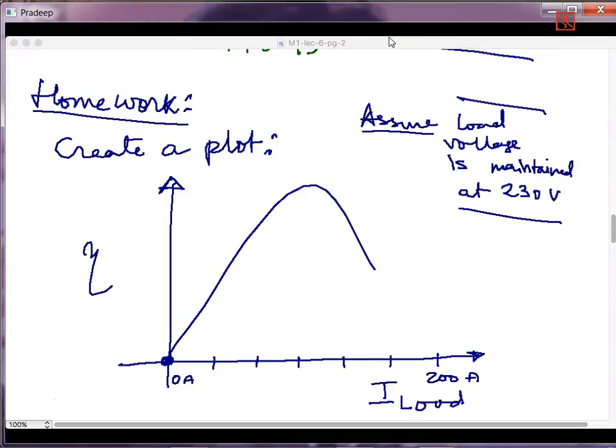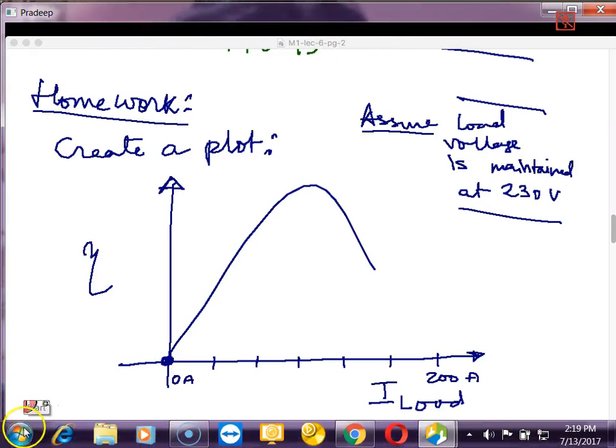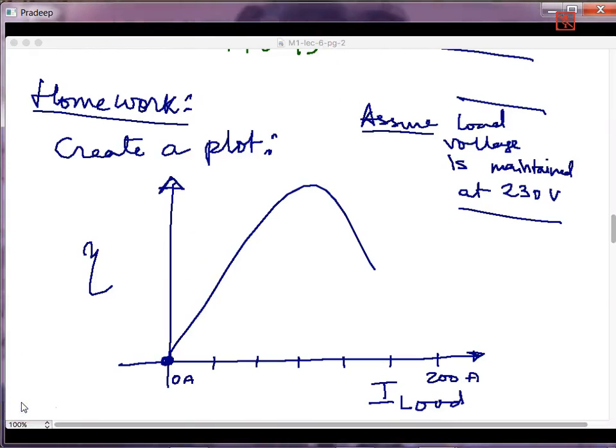Done. So today's class, let's begin by looking at this problem.